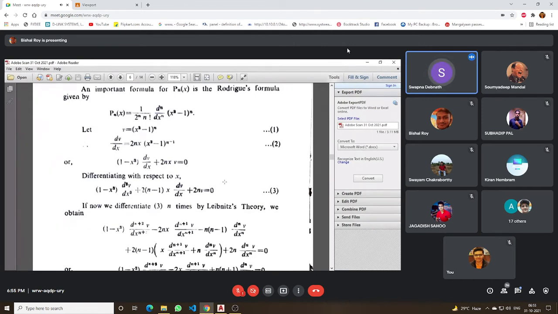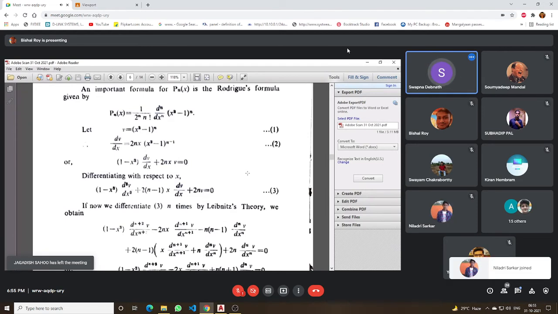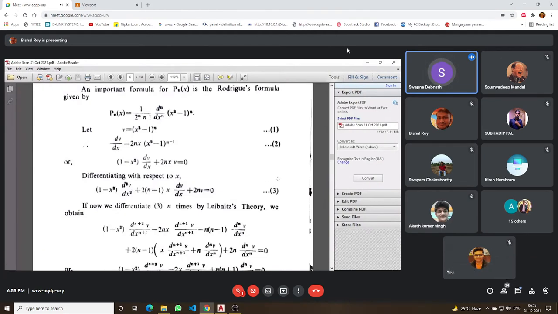How we have calculated? On the right hand side we have written (x square minus 1) to the power n divided by (x square minus 1). Then we have multiplied both sides and transferred to another side. Therefore, this equation becomes (1 minus x square) dv/dx plus 2nx v is equal to 0.